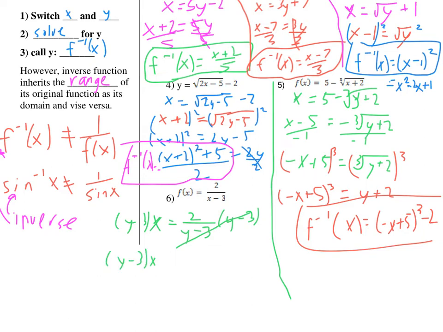What a lot of people like to do instead is to just divide both sides by x at this point. So I'm going to go ahead and do that. I'll show you what the answer would have been if you would have distributed in there. It'll be kind of the same either way. So we have y minus 3 equals 2 over x. And then we'll just add the 3 over to the other side. And so one way you can write this is f inverse of x equals 2 over x plus 3.